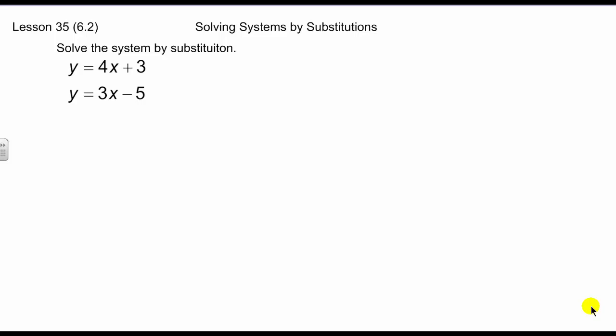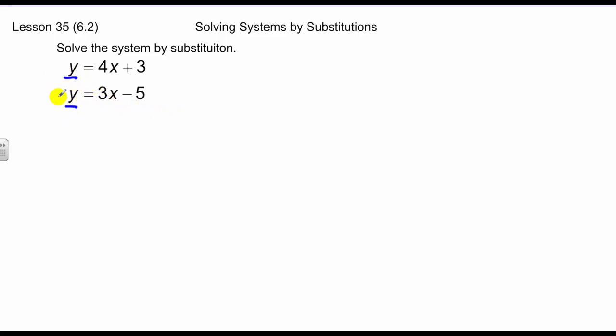So the whole idea behind substitution is that you find a value that equals something and then replace that with something of an equal quantity. If we look at the system before us, we have y is equal to 4x plus 3 and y is equal to 3x minus 5. In this case, we know the value of y in each.